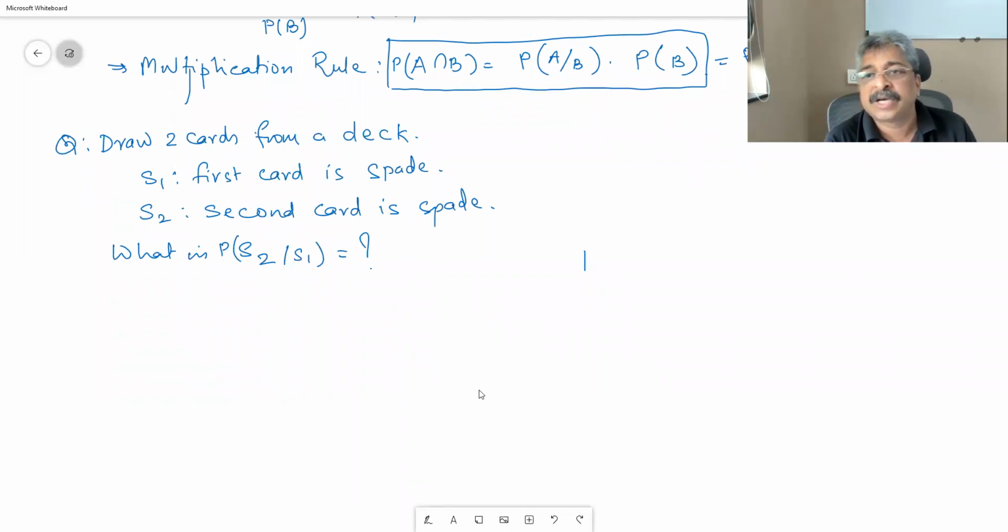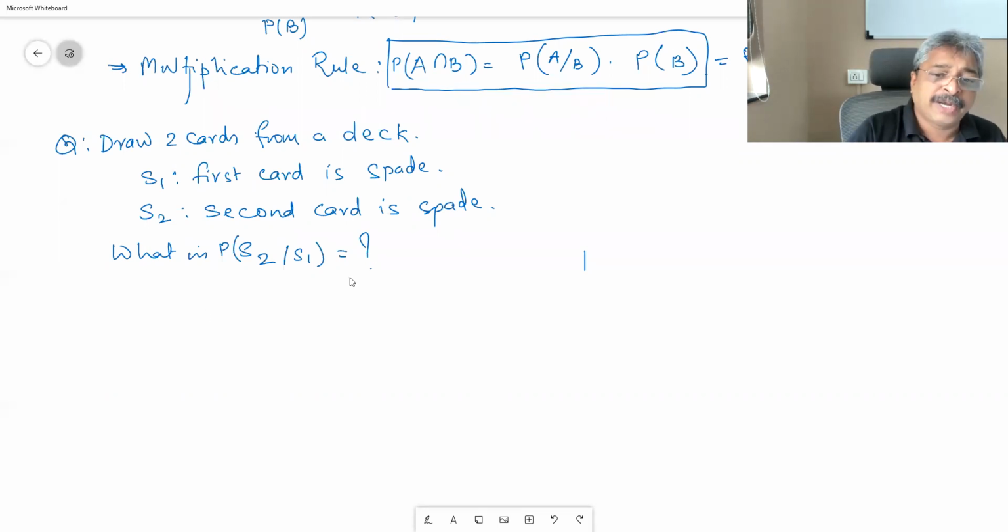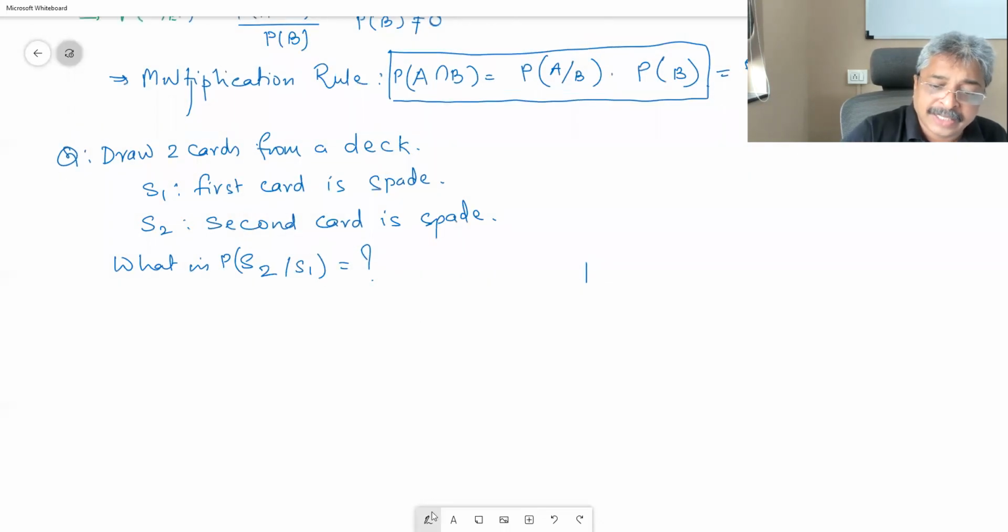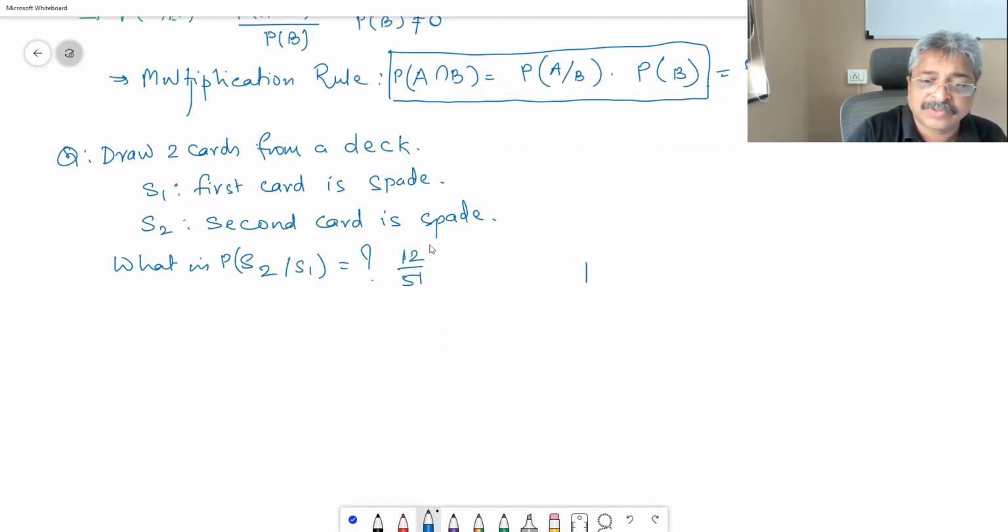Given that first card was spade, it is direct, because that card is gone out of the calculations, and therefore only 51 cards are left, out of which there are 12 cards of spade.